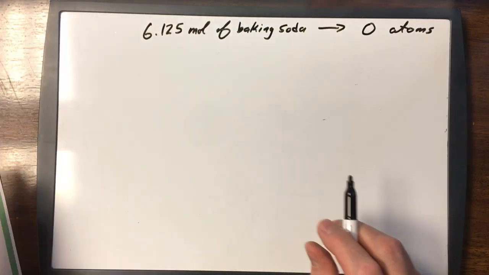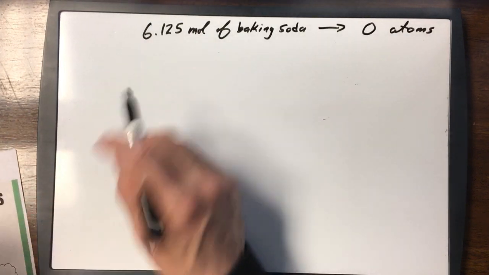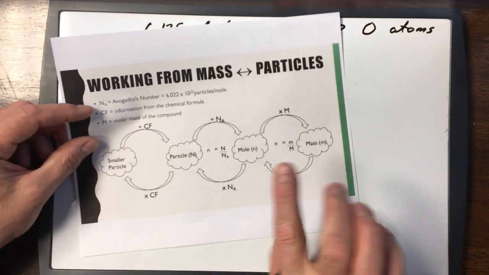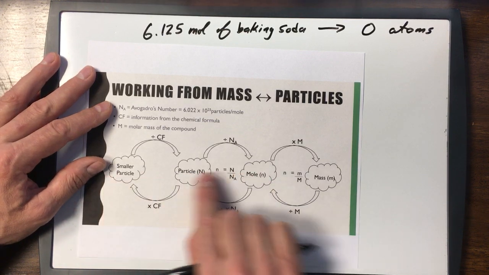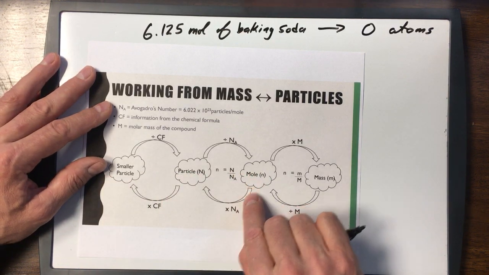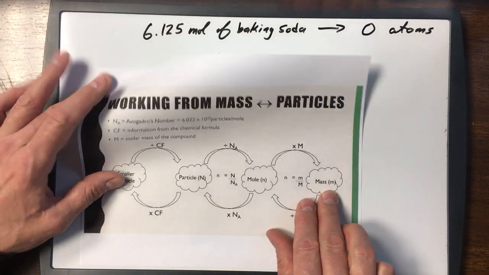Okay, so the first thing we have to do is we need to go from moles to particles of baking soda before getting into the oxygen atom. So we'll do this conversion here first, and we notice that we're going to multiply by Avogadro's number.